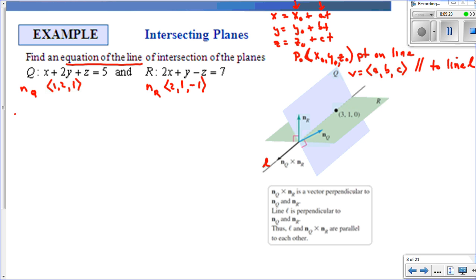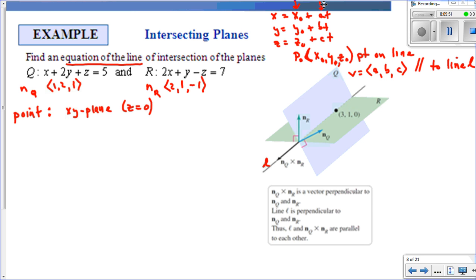So to find a point, now there's many ways to do that. One way is to just look in one of the planes. So I'm going to look in the XY plane, which means that the Z coordinate would be 0. And I'm going to look at what it's called a trace, what that line would be going through the XY plane where this plane intersects it.